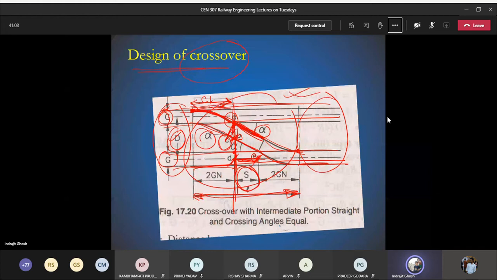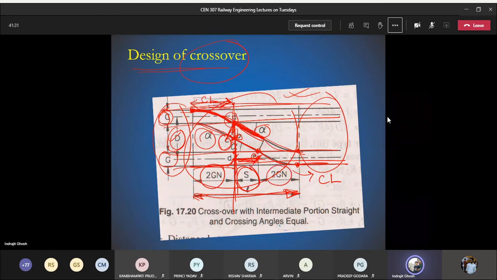Similarly here, this is the second turnout. So here we have the theoretical nose of crossing. Here we have the tangent point. So this side is known as curved lead as well. Okay, so here you can see curved lead is given as 2gn. How this is coming, I will be showing you after a few slides.